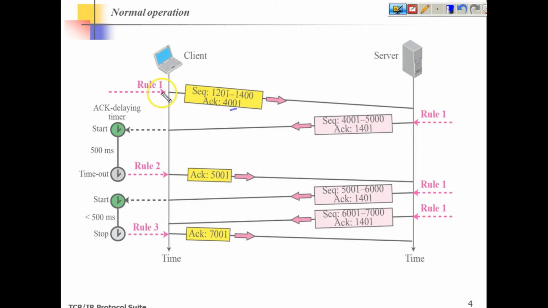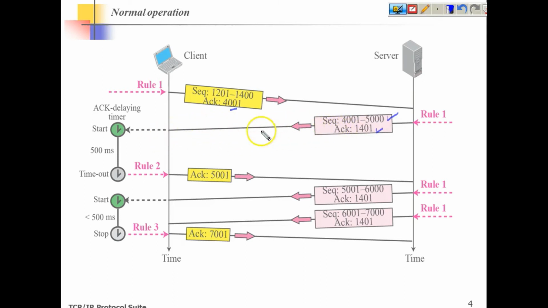This is rule number 1: whenever any data is delivered, always include the acknowledgement. It goes to the server. The server wants to send some data, and again with rule number 1, along with the data it includes the acknowledgement. Now it goes to the other side.